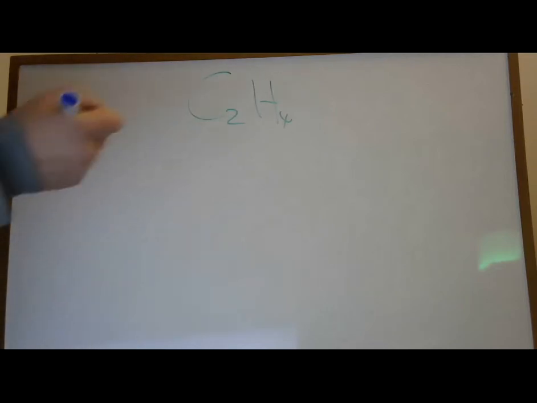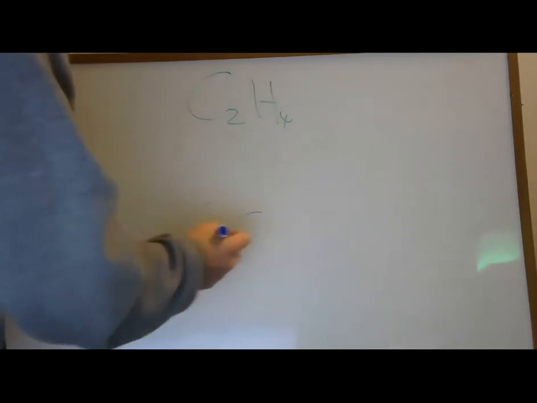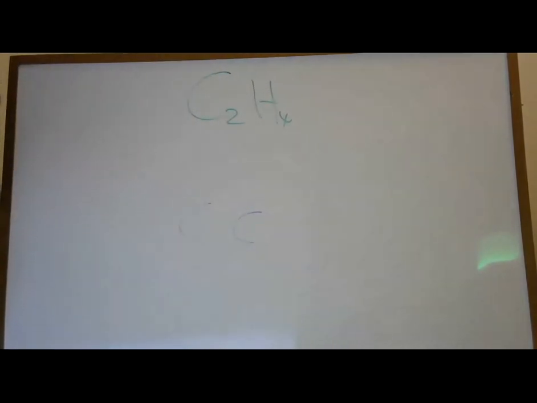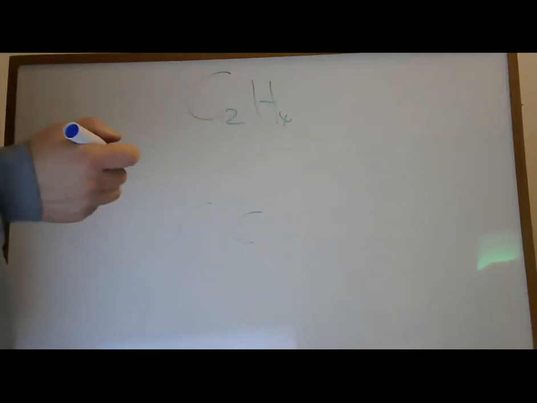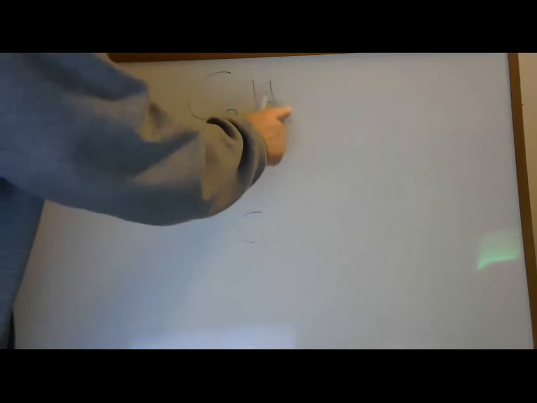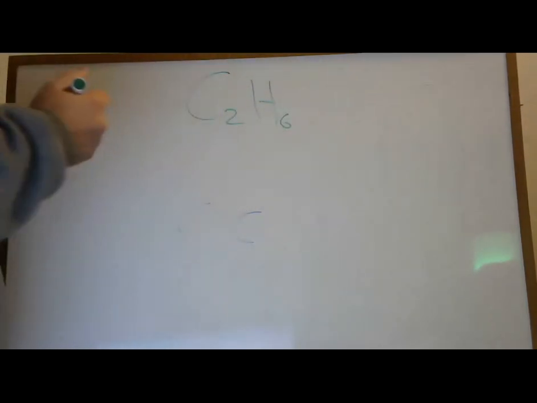We'll know this one. So carbon goes in the middle. And how many hydrogen have we got? Sorry, it should be C2H6, not 4. My apologies.